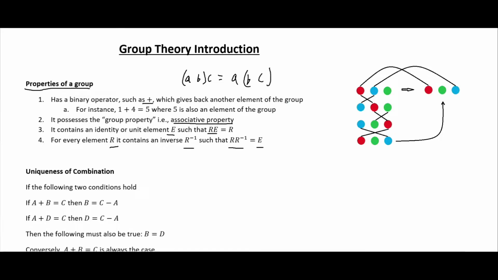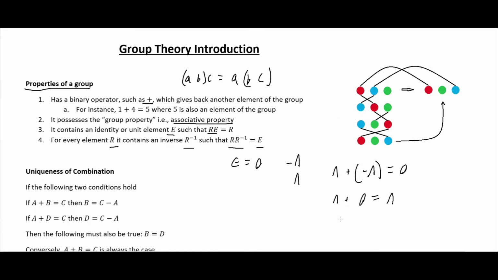Addition of integers is often used as an example because it's a fairly simple one. You have your identity element, so E is equal to 0. You have your inverses, which are the negative numbers, and your elements, which are the positive numbers, such that if you do n plus minus n, whatever number n happens to be, it gives you 0, and if you do n plus 0, it just gives you your number back.